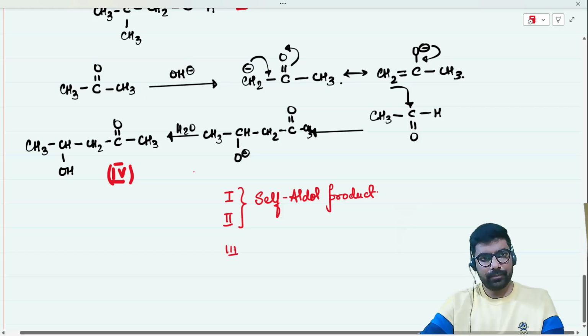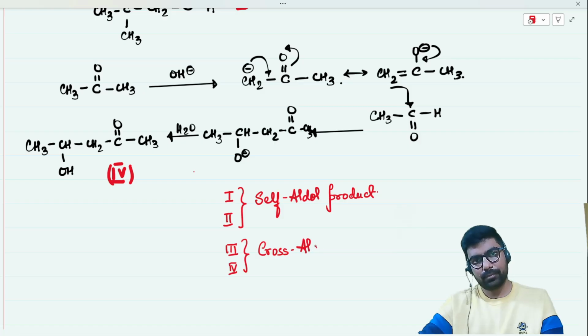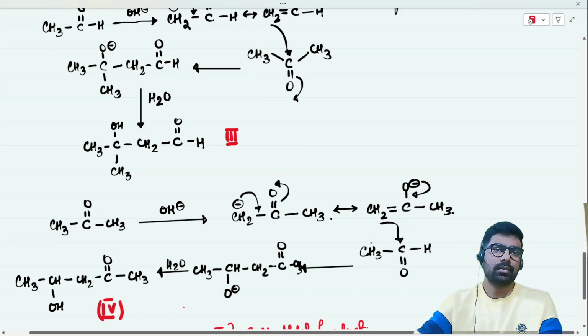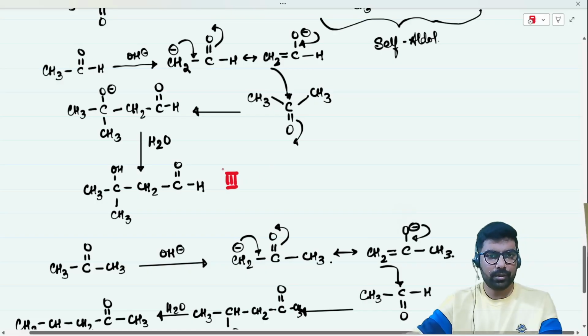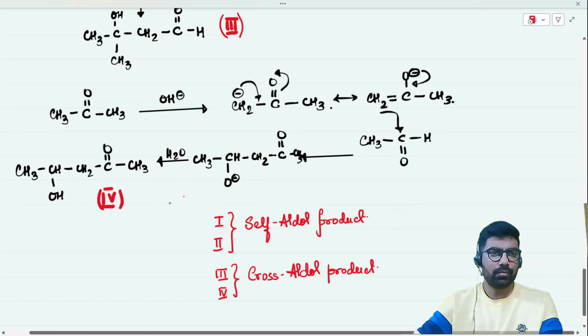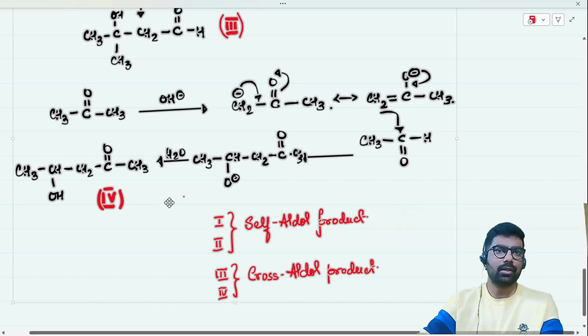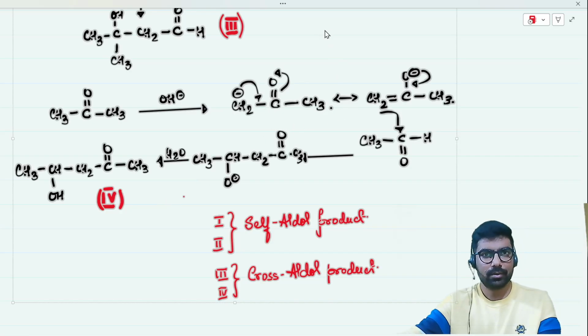Product 3 and product 4, from the mechanisms that we have done, are cross-aldol products. Right?